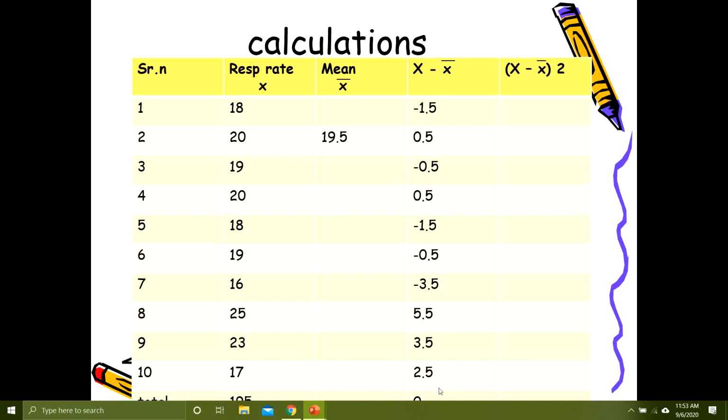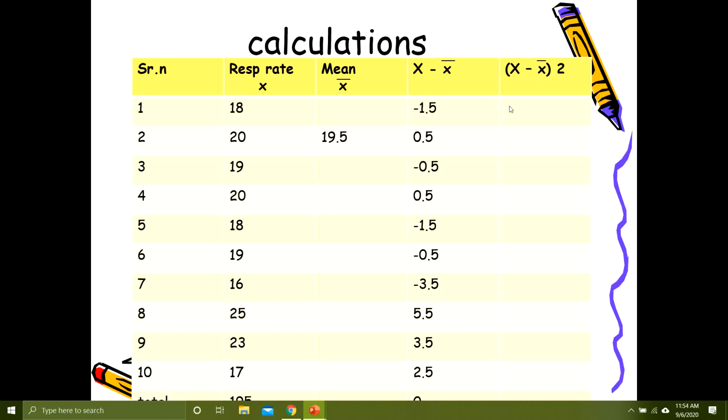If mean deviation is meaningless for me, I am still interested in knowing the difference of each observation from the mean, and this is resulting in 0. So I want to now cancel the presence of these signs which are making my value 0. I will take the square of each value, so x minus x bar will now be taken as x minus x bar whole square.